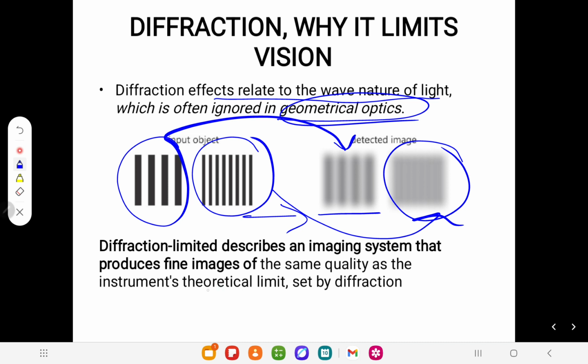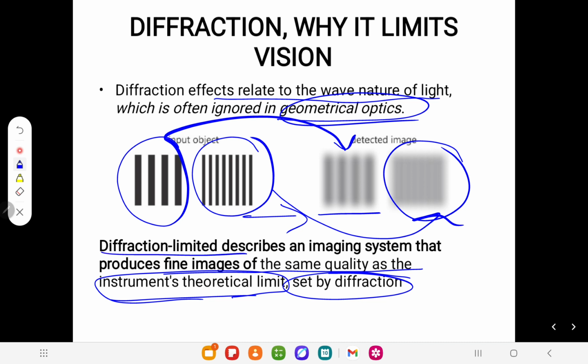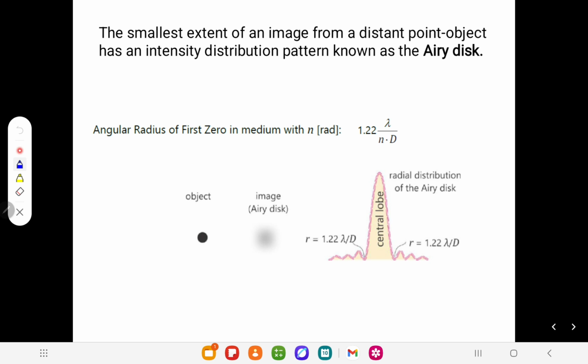That limit is called a diffraction limited system. We know our eye is also an optical instrument, and we sometimes compare the eye with a camera. So we want to know the diffraction limited imaging system and its theoretical limit, isn't it? That's what Rayleigh's criteria is.